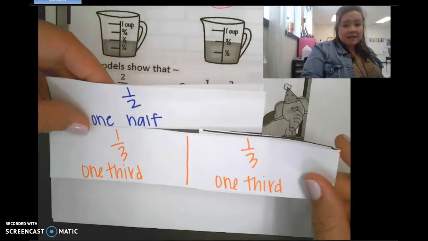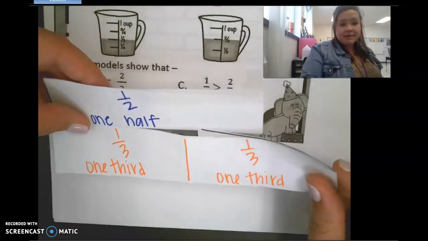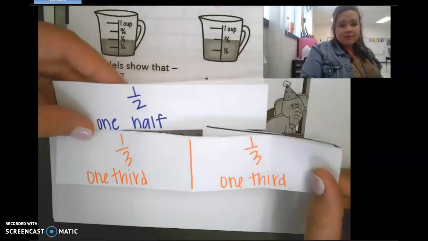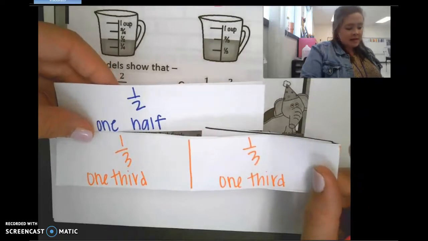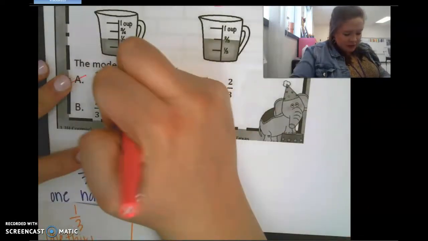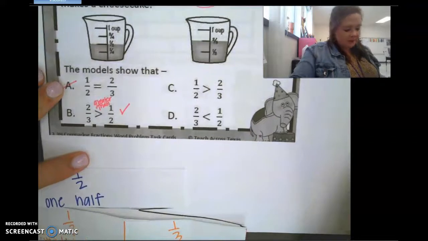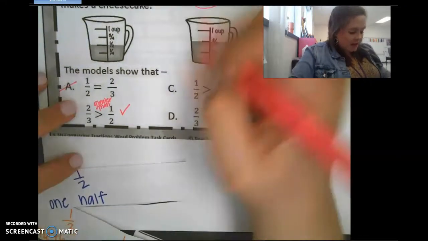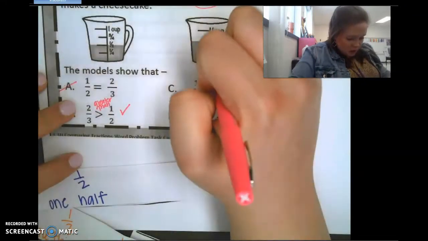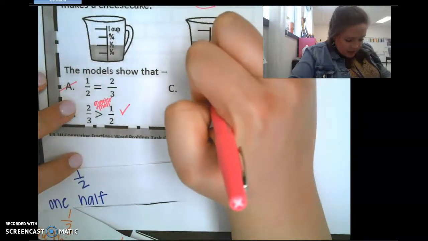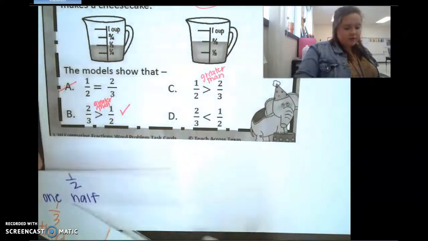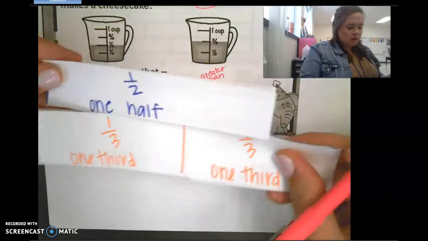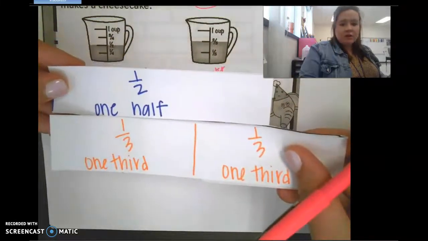And is that a true statement? Yes, that is a true statement. So we're going to put a check mark, all right? 1/2 is greater than 2/3. 1/2 is greater than 2/3. Is that a true statement?